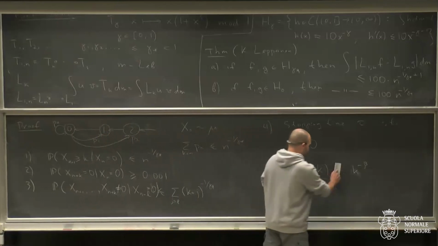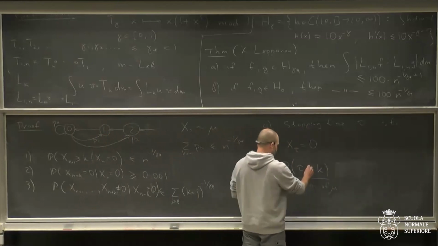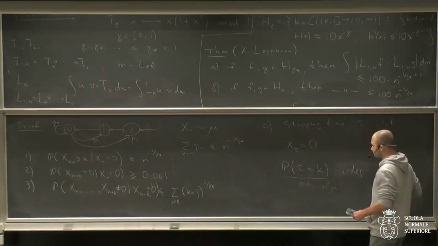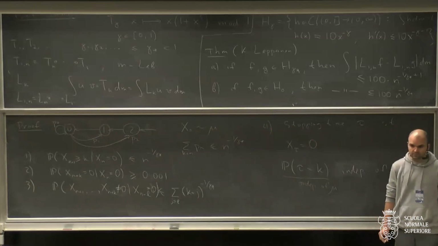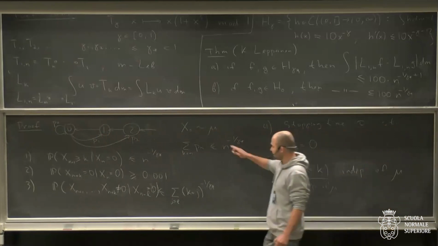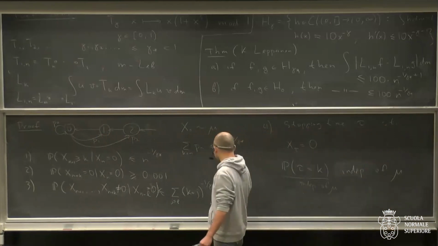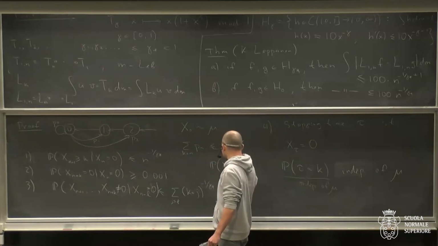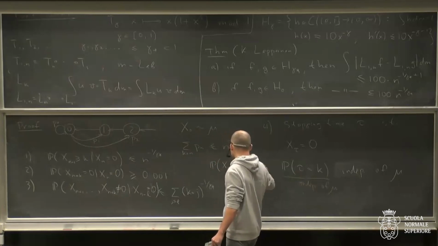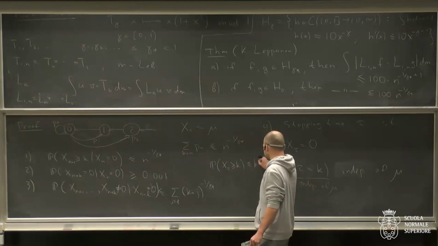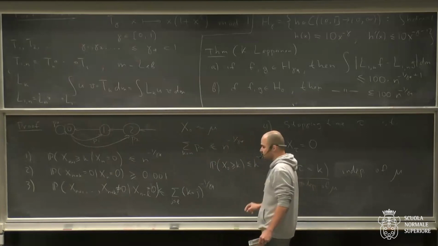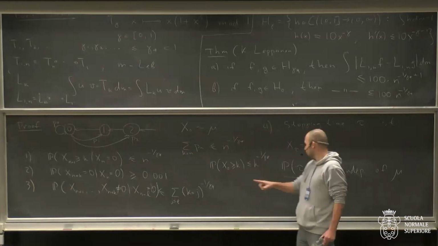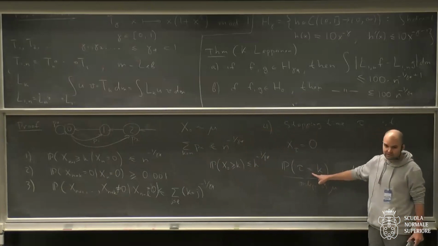So let me write it like this: these things are independent of mu, given that the initial state is not too far in the infinity, that is, the probability that x0 is bigger or equal than k is less or equal than, let's say, k to the minus 1 over gamma star. So if you only know this about your measure, you can construct the stopping time so that these things don't care about the measure.